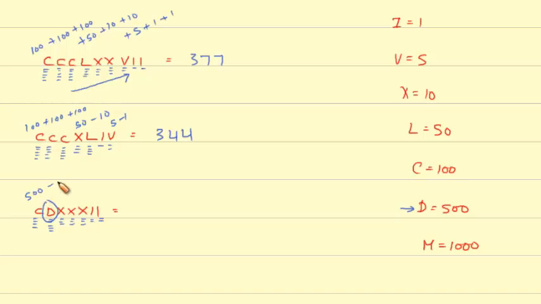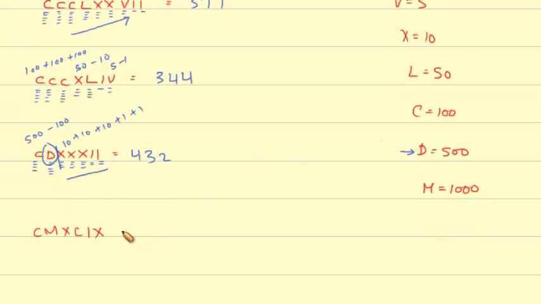So I'm going to do 500 minus 100, which is 400. From here, you can see that the X's are 10, the greater value, and then there's just 1s, so it's once again that perfect order from greatest to least. So we can simply add: 10 plus 10 plus 10 plus 1 plus 1 is 32. So 432 is the correct answer there.